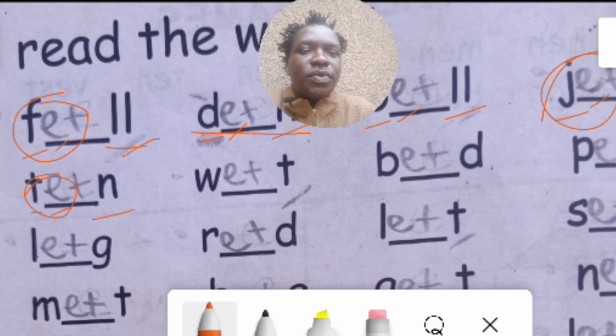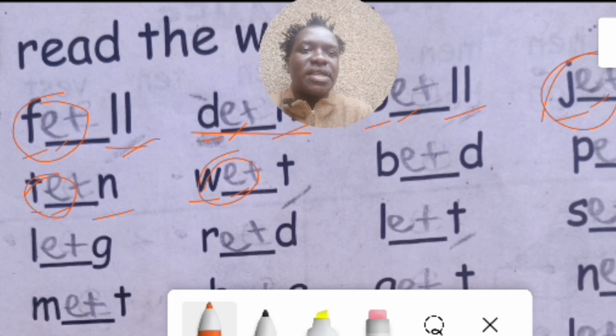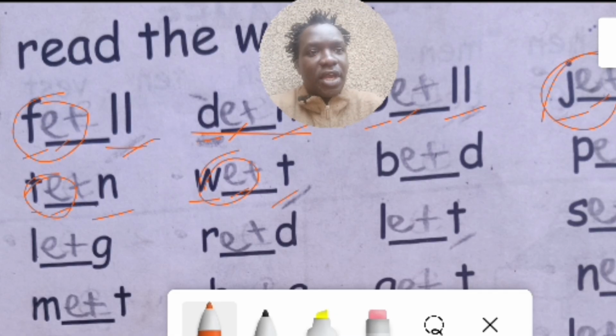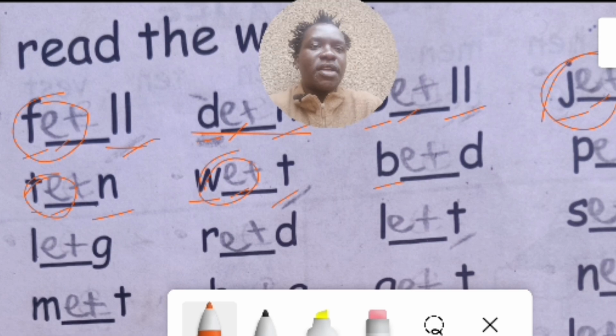Consonant W plus vowel A, that is we, okay? We plus consonant T becomes wet. And then here we have consonant B plus vowel A, okay?